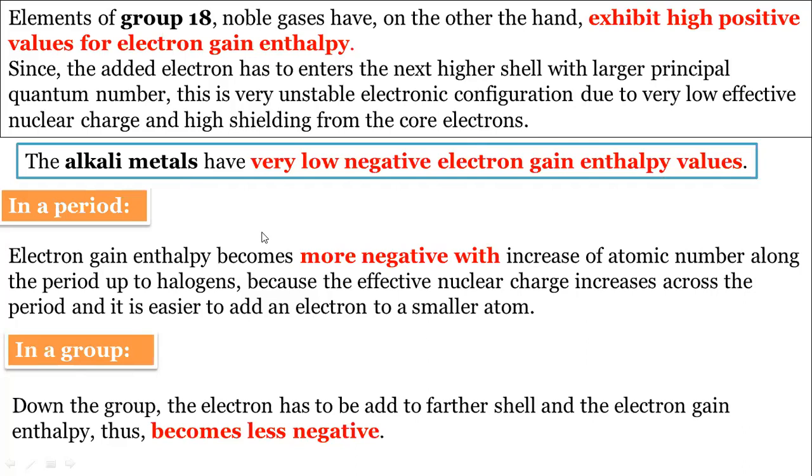You must know the trends, atomic size, then what is meant by ionization energy, what is meant by electronegativity, what is meant by electron gain enthalpies. Without this, because these points are very important for the 12th standard, there are two chapters, D and F block elements, and again the P block elements, group number 16, group number 17, group number 18.